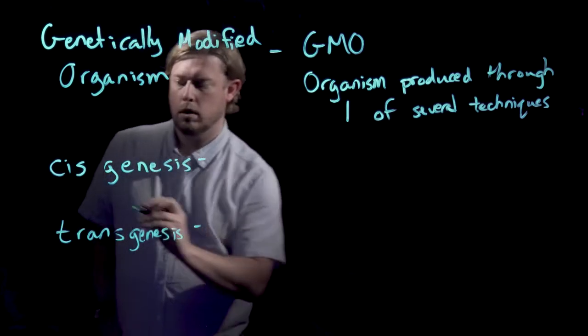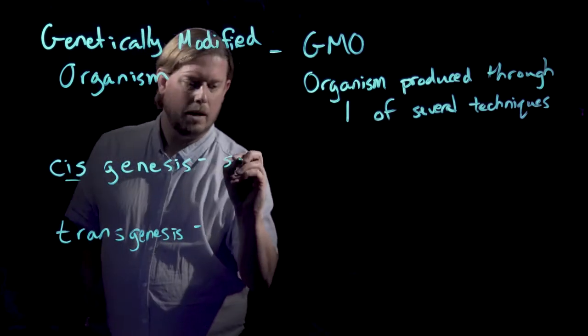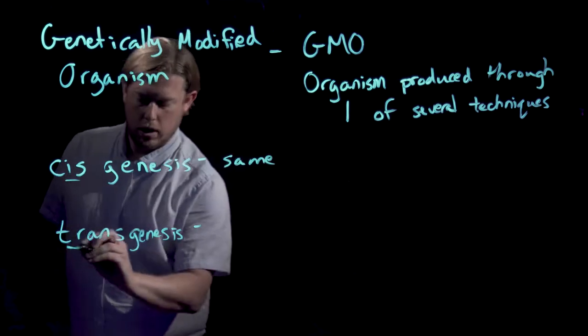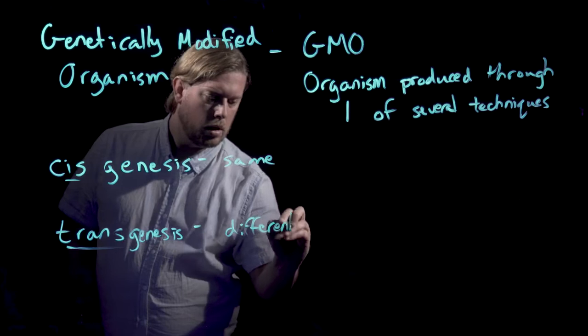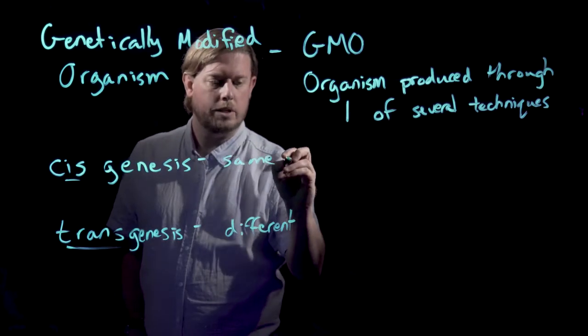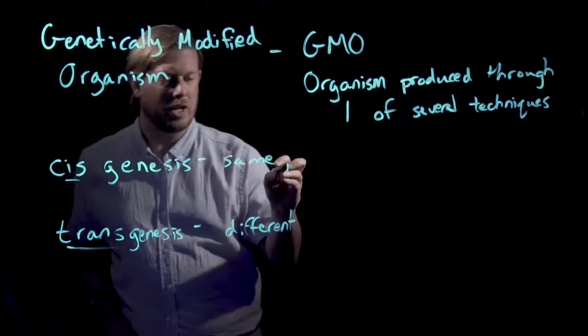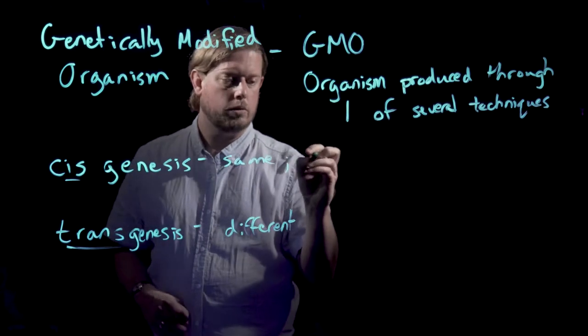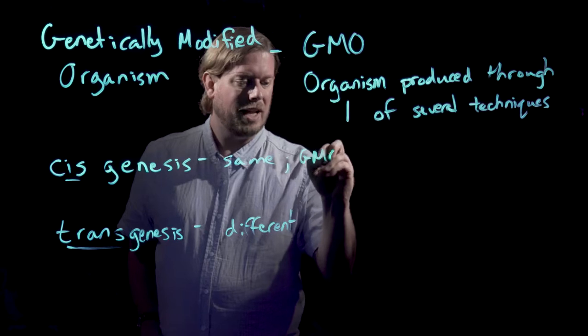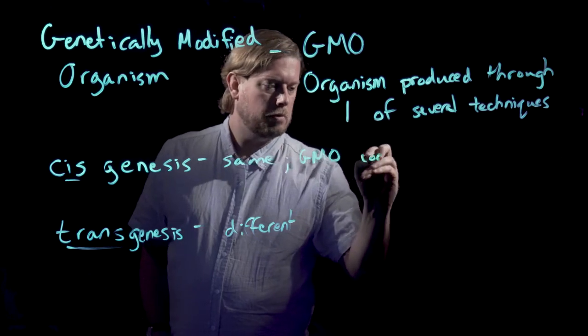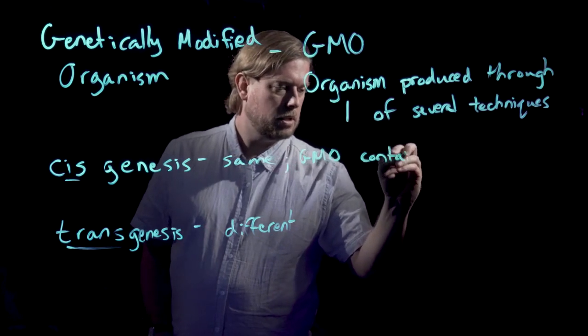Now, the root cis just means same or similar, and trans means different. Okay, so a cisgenetic crop, or cisgenesis as a whole, is used to refer to the production of a GMO containing DNA from two closely related species.